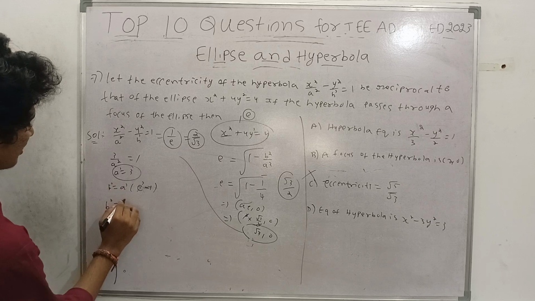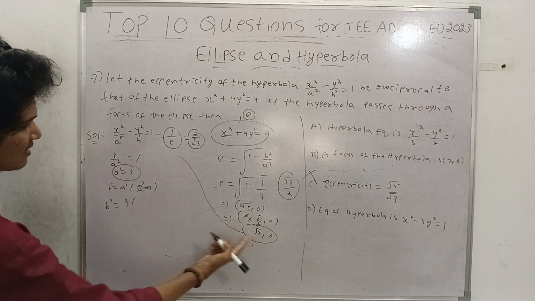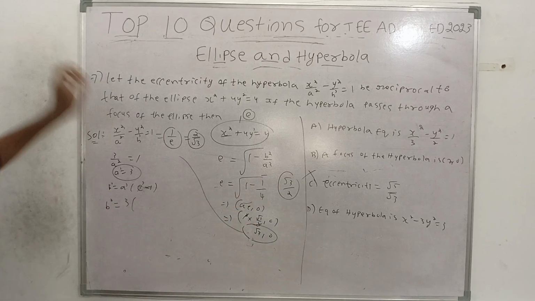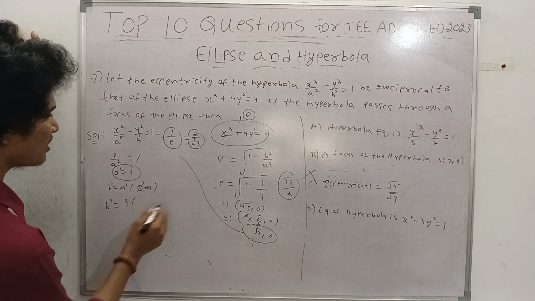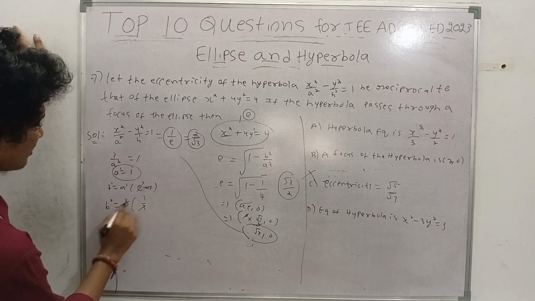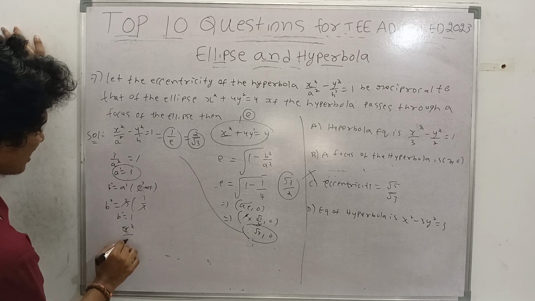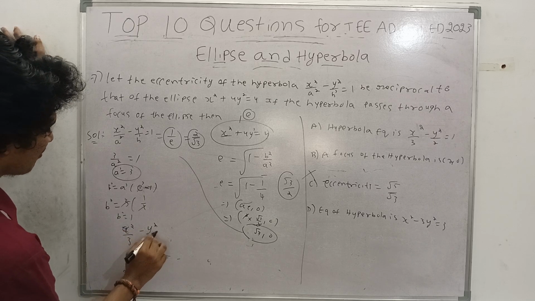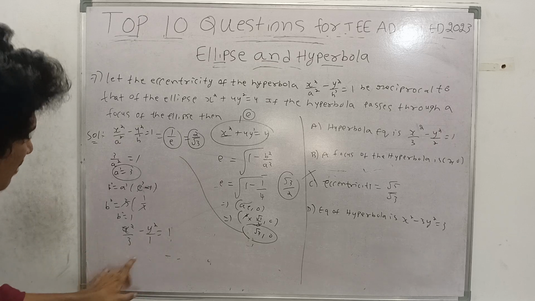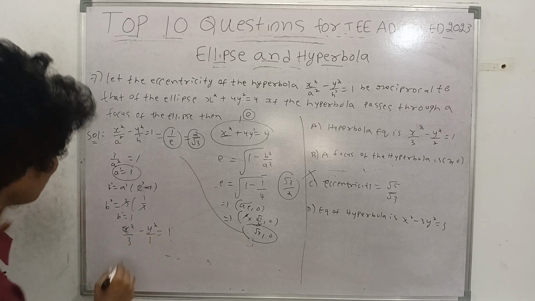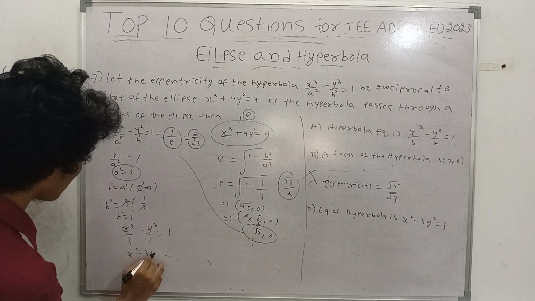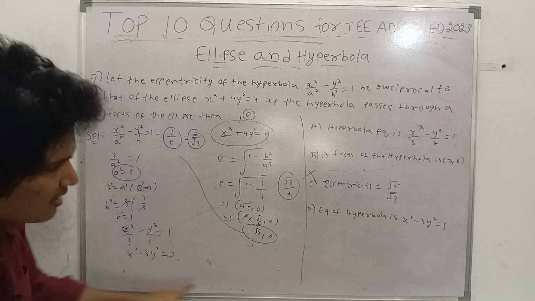What is a square? It is 3 into e square minus 1. e is 2 by root 3, it will be 4 by 3 minus 1, it is 1 by 3, and 3 cancels, so b square equal to 1. So x square by 3 minus y square by 1 equal to 1. So it will be x square minus 3y square equal to 3.